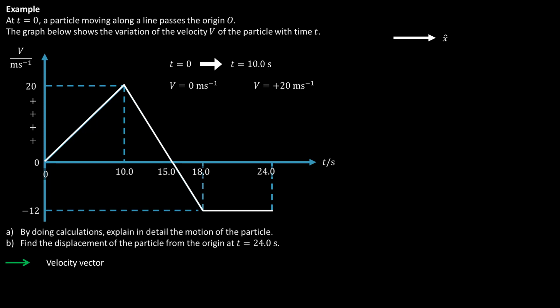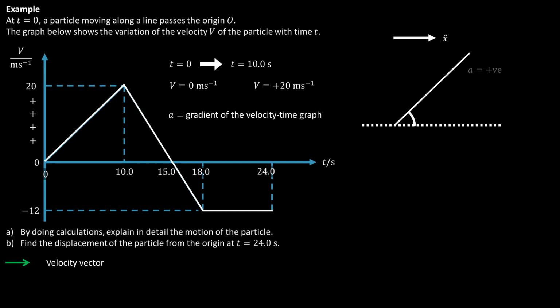The acceleration is simply the gradient of the velocity time graph. From t equals 0 to t equals 10.0 seconds, we have a straight line with positive gradient, which therefore means the acceleration is positive. A positive acceleration means that the acceleration vector is in the same direction as our x hat.